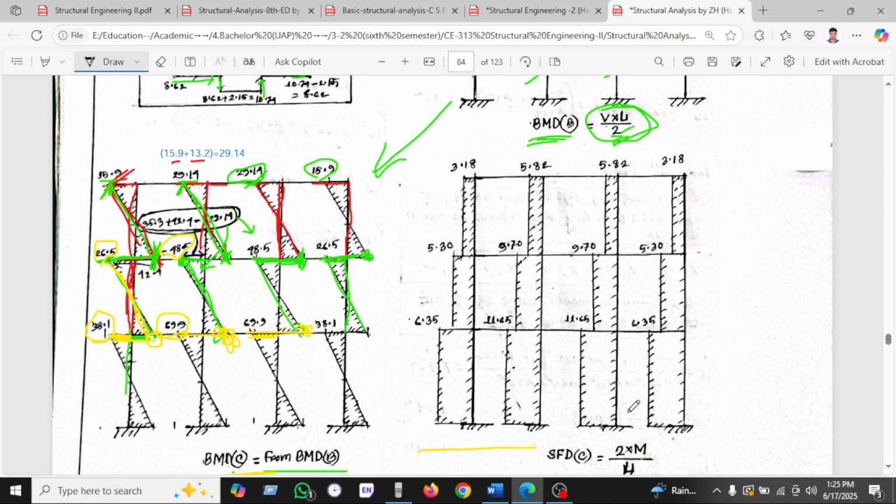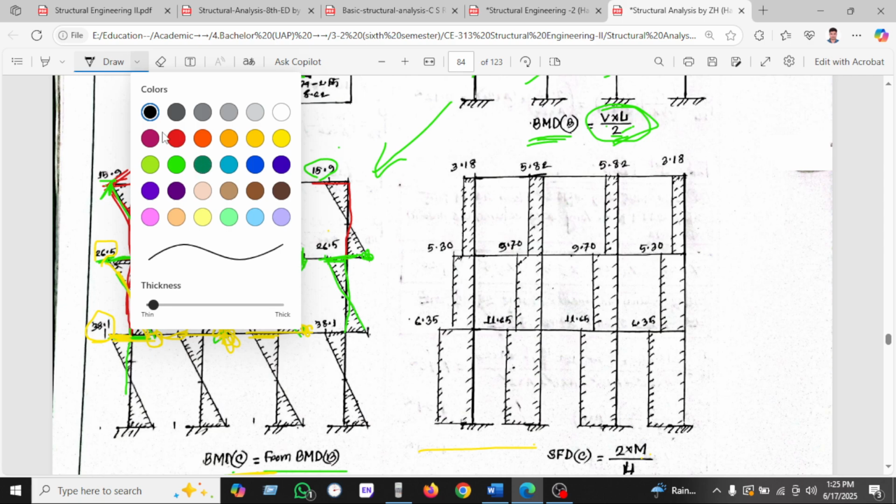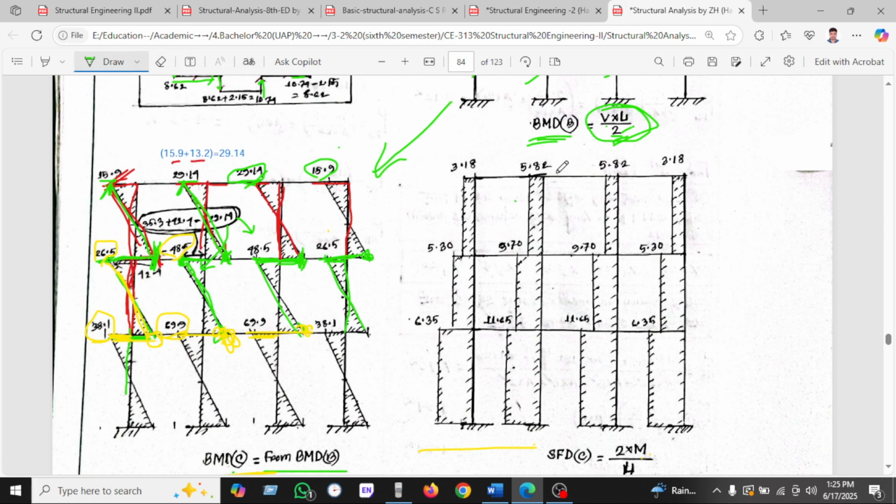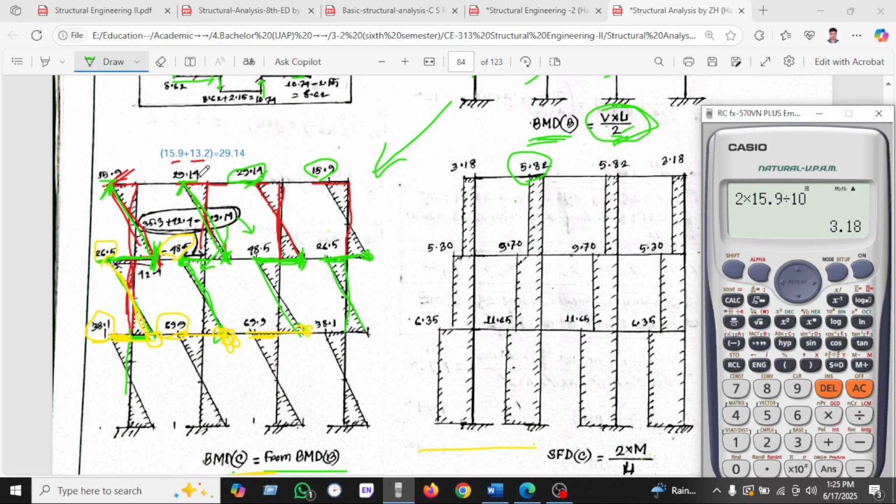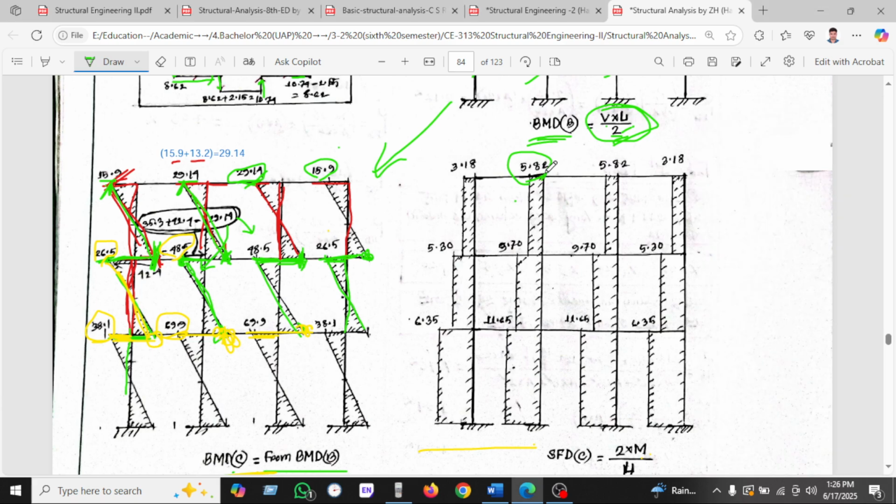Okay, so in the same way we can find the next value. The second value is here, 2 into M. M means 29.4 divided by 10. Then we found 5.82. This is the value 5.82.